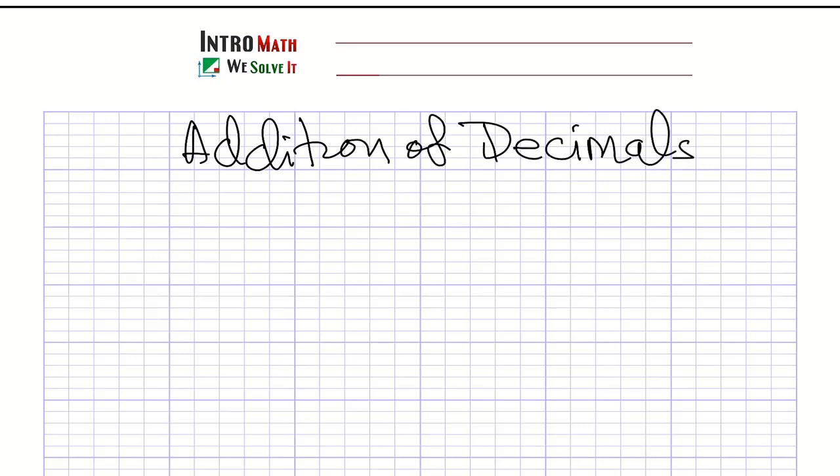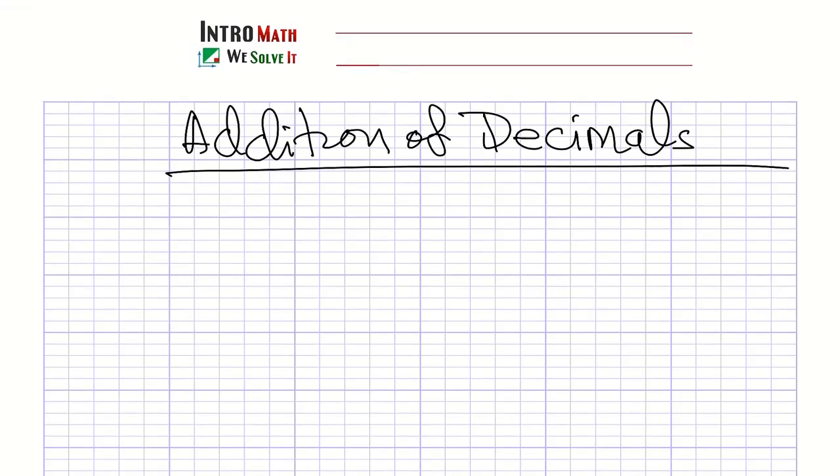Always line up the digits, and make sure the decimal points in the two or three numbers are lined up on top of each other. If you do that, then most of your problem is solved. So don't mismatch them. They have to line up.